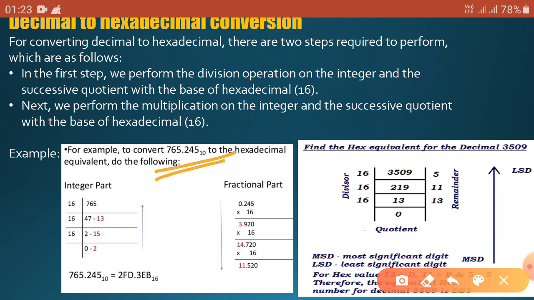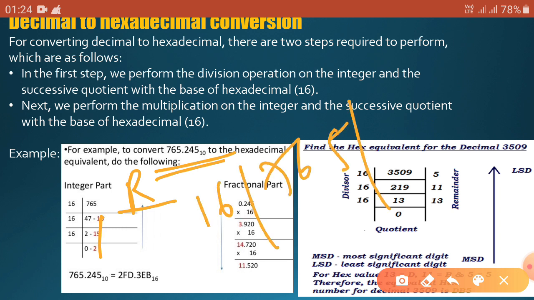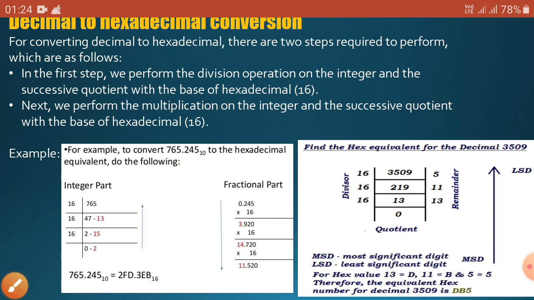To convert it into the hexadecimal number system, we divide it repeatedly by 16 until we get 0 at the quotient, and we write the remainder here. So we are dividing 765 by 16. Here we get 47 at the quotient and the remainder is 13.